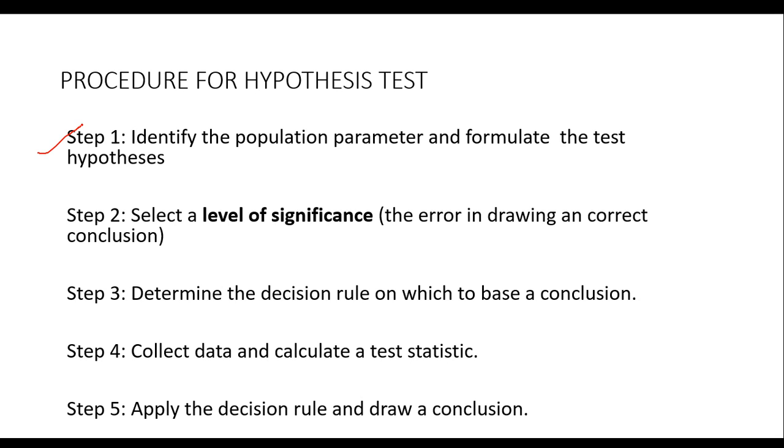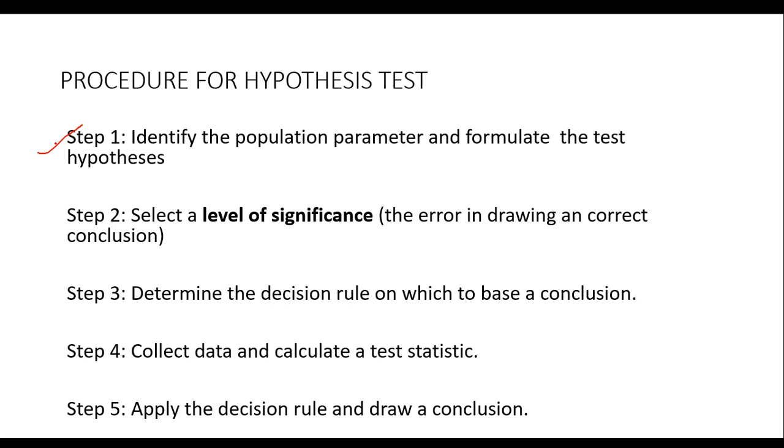Or is it the average nutrition level? So what is the population parameter we are interested in, and want to make a statement about and check. And then we formulate the null hypothesis and the alternate hypothesis. So we make a statement and then an alternative statement.